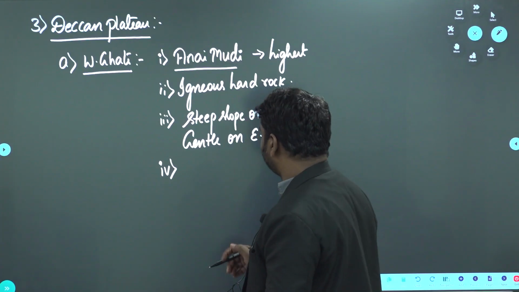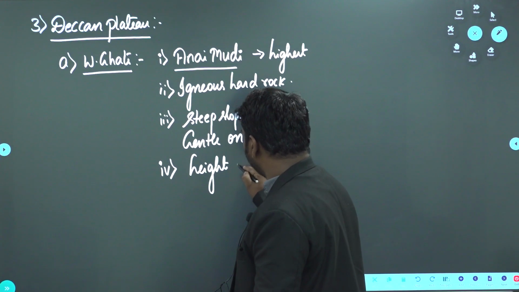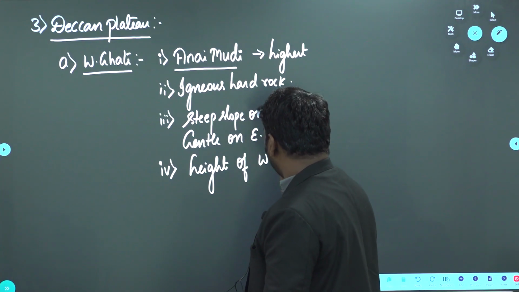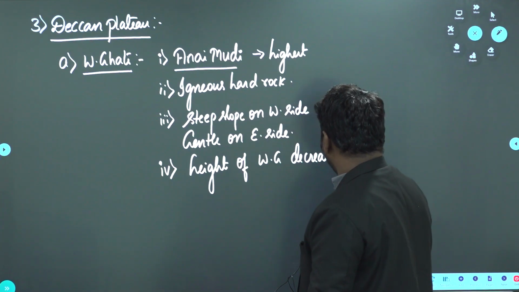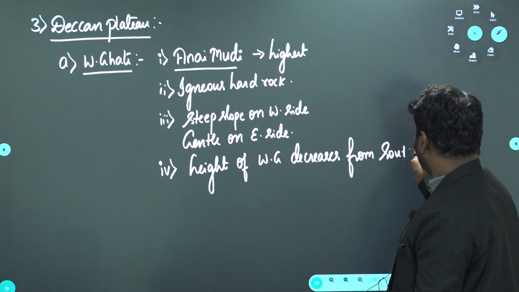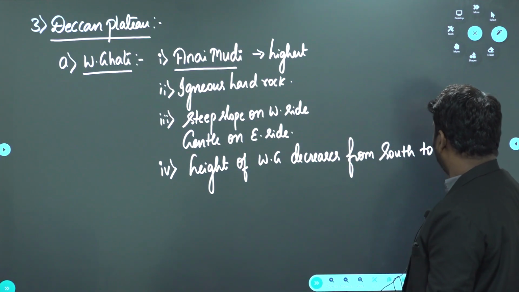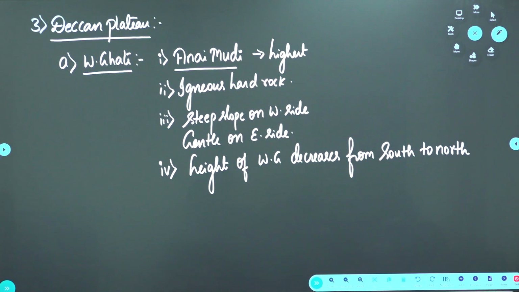Then height of Western Ghats decreases from south to north. This is very important. 2 to 3 times this statement is given.